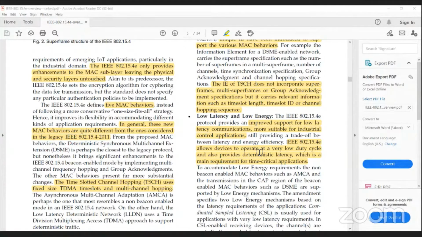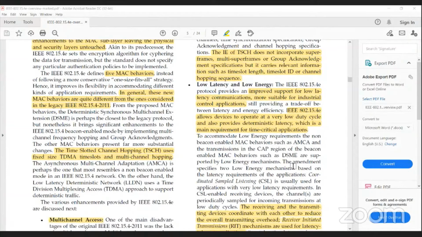So it's abysmal in terms of support for large networks. You want low latency, low energy, but you want to support hundreds of nodes. That won't work with 15.4 anymore. You can think of that as another motivation for doing it this way with 15.4e extensions, irrespective of the MAC behavior. Okay, great.